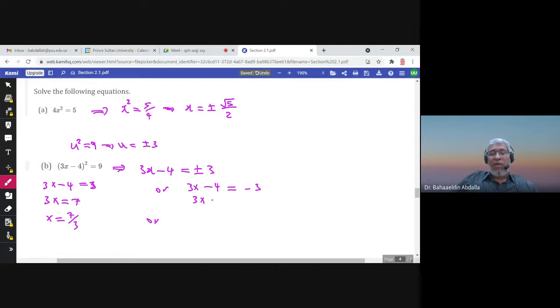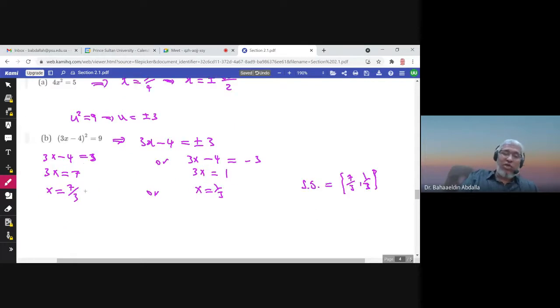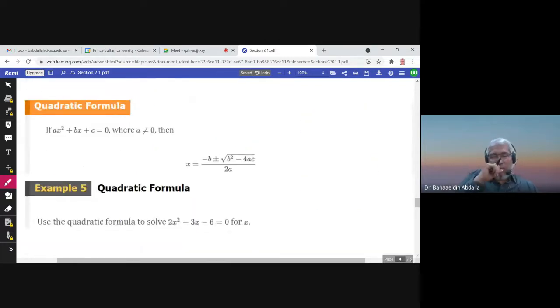Or here, if you take 4 to the other side, it would be 4 minus 3, which is 1, and x would be 1 over 3. So the solution set of this equation consists of the two numbers 7 over 3 and 1 over 3, and you can check the solutions in the original equation.